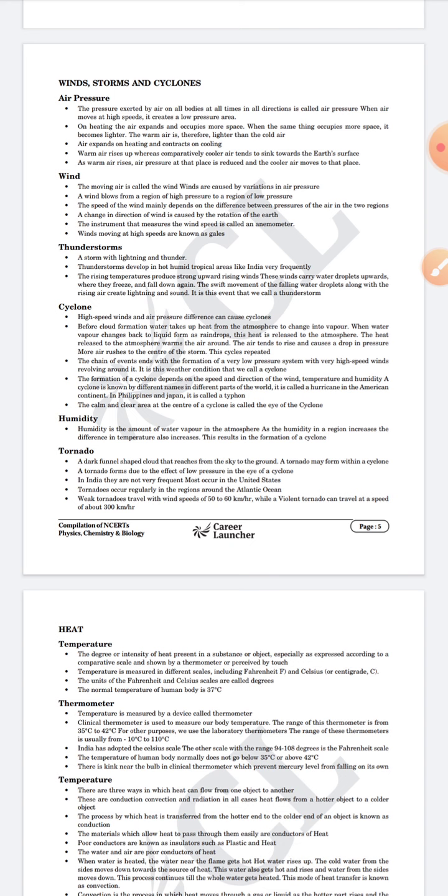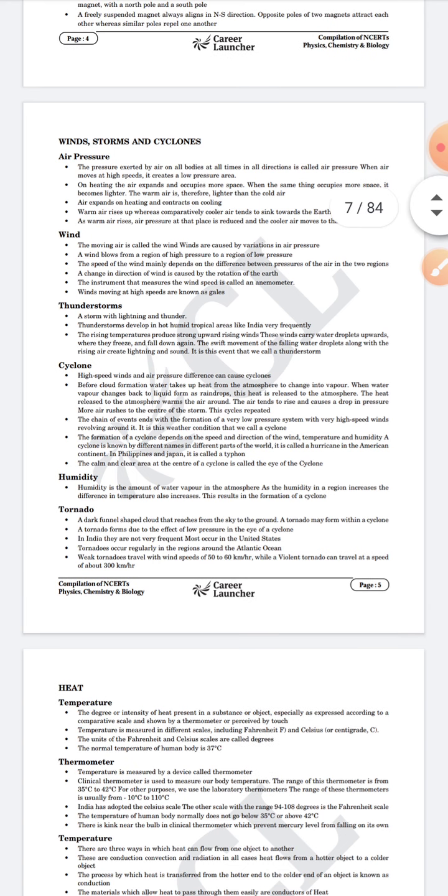This cycle repeats. The chain of events ends with the formation of a very low pressure system with very high speed wind revolving around it. It is this weather condition that we call a cyclone. The formation of cyclones depends on the speed and direction of the wind, temperature, and humidity.